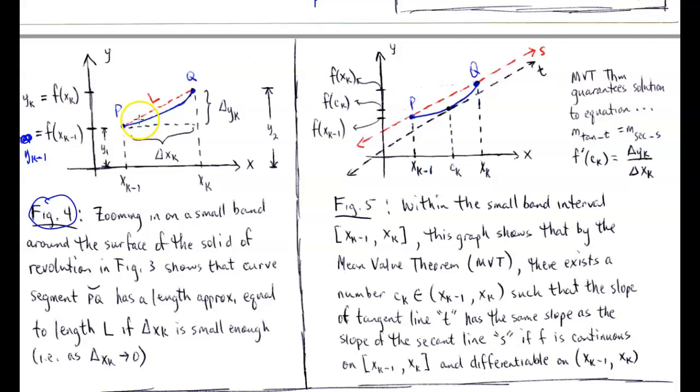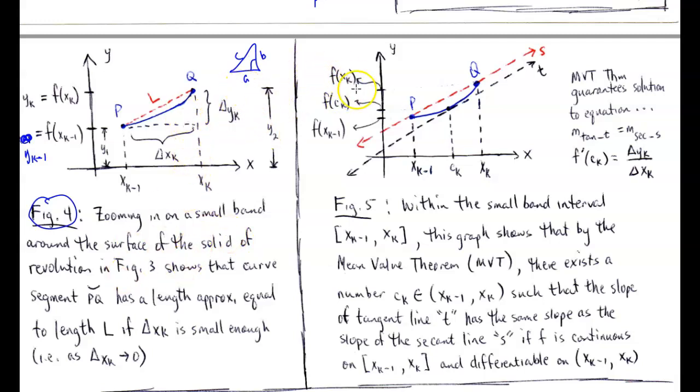Notice that length L, along with the change in y values and the change in x values, forms a right triangle. The relationship between the three sides of a right triangle is a squared plus b squared equals c squared. That's better known as Pythagoras' theorem, but Pythagoras didn't make it up, so I won't be calling it that.